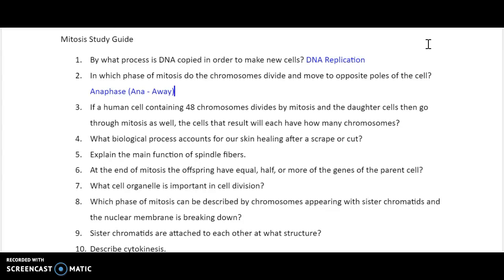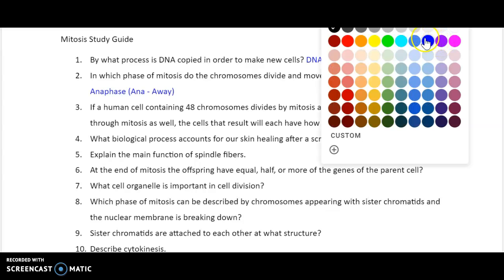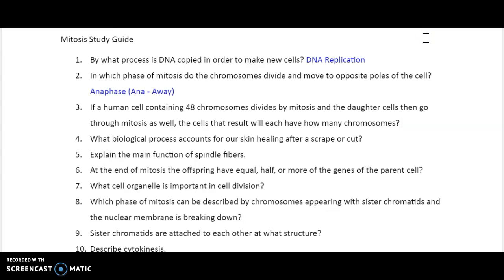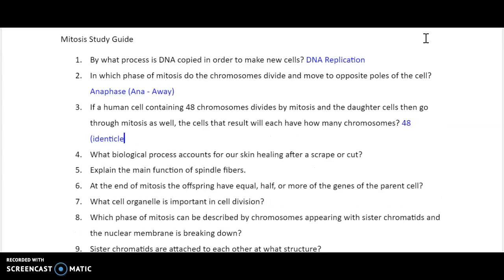So the daughter cells, after it splits, would have 48 each, and then after they split, those 4 cells would have 48 each. So they are identical. Mitosis results in identical cells with identical numbers of chromosomes. So 48, and we put identical, so we remember. Identical means they're just alike.